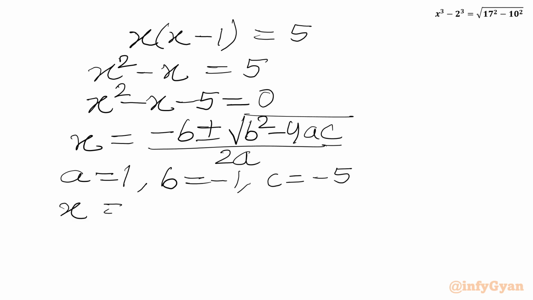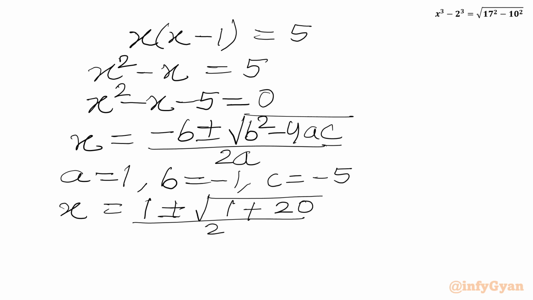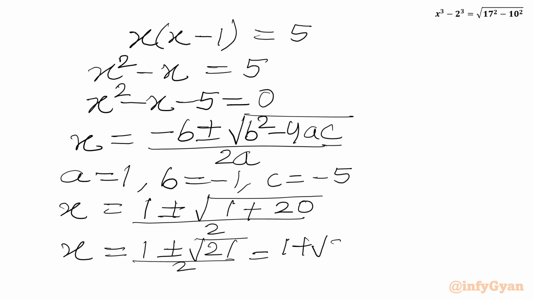So we will get x equal to minus b, so 1, plus minus square root of b square, which is minus 1 square, 1, minus 4 times 1 times minus 5, so plus 20, over 2 times 1, so 2. So I can write x equal to 1 plus minus square root 21 over 2. So I will be writing two values, 1 plus root 21 over 2 and 1 minus root 21 over 2.